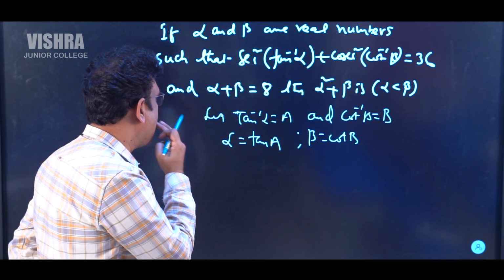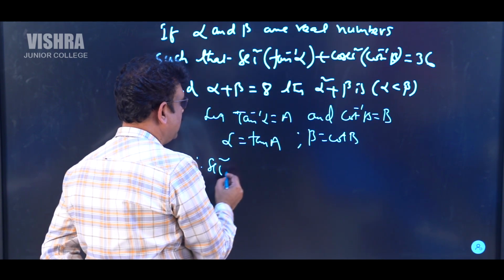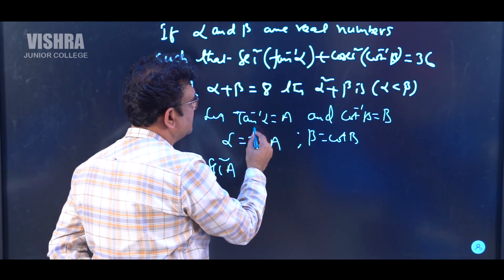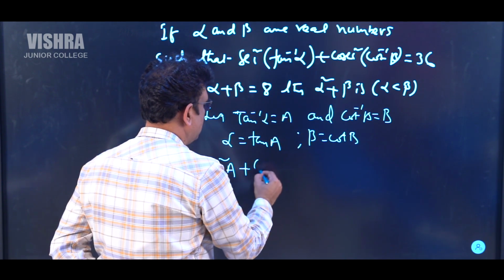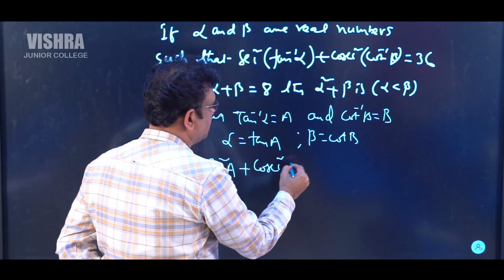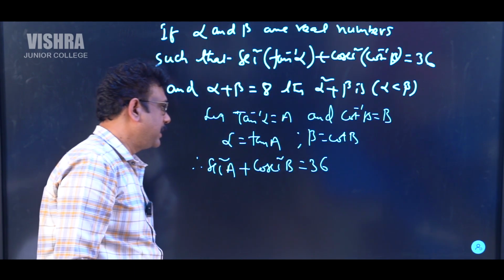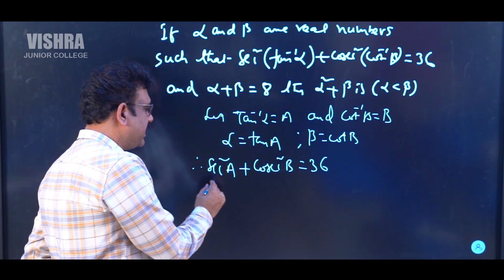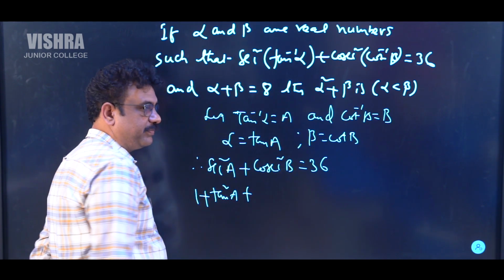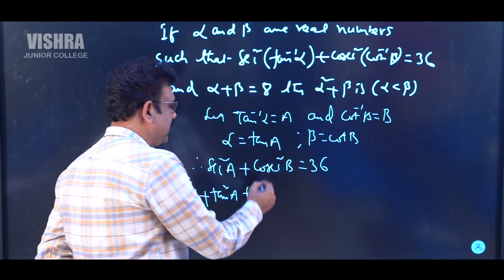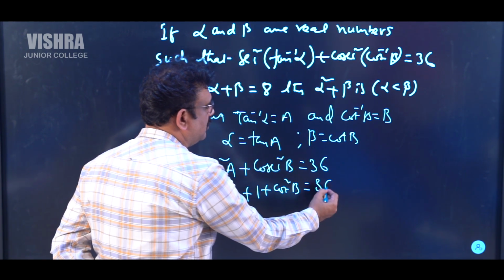Therefore secant square A plus cosecant square B is equal to 36. Now secant square A can be written as 1 plus tan square A, cosecant square B can be written as 1 plus cot square B, is equal to 36.